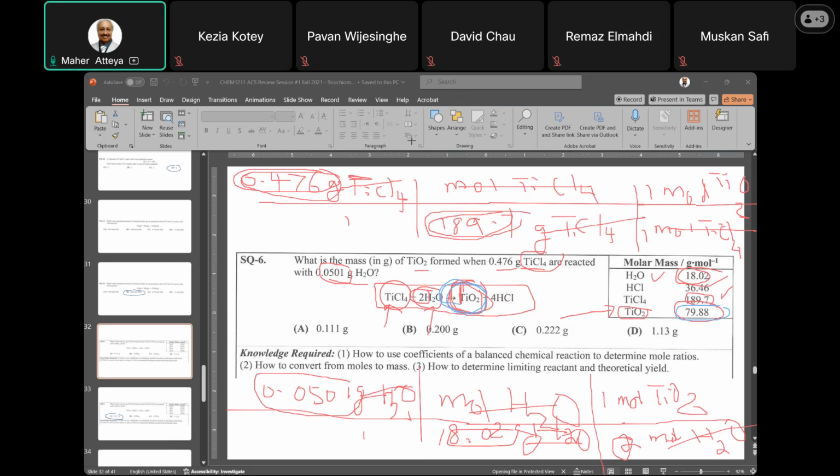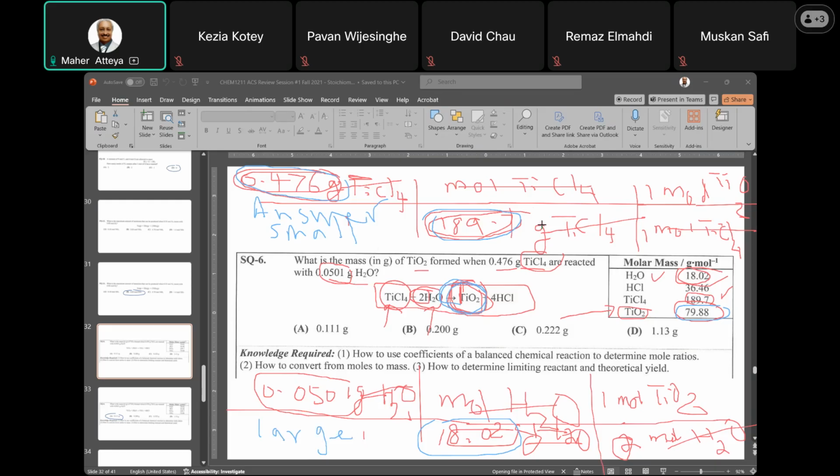If you have this number here and you divide it by a huge number, 189.7, that's almost 190, this number will be very small. You divide a tiny amount by a larger number, so the answer is small. Here the answer is large because you divide by a smaller one.